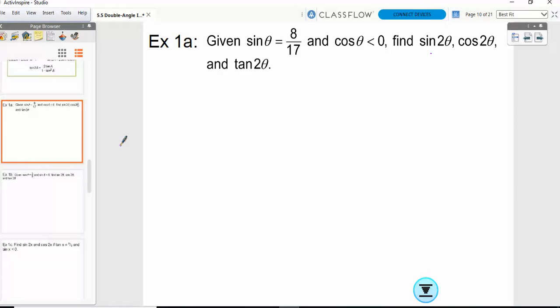So we have to look at our starting point. If I need sine 2 theta, I only have one formula option for that. Sine 2 theta is 2 sine theta cosine theta.